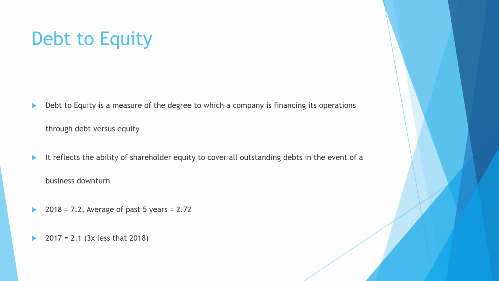In 2018, the debt-to-equity ratio for Campbell Soup was 7.2, whereas the average for the past 5 years has been 2.72. In 2017, the debt-to-equity for Campbell Soup was 2.1, which is 3 times less than that of 2018. Hence, we can see that Campbell's Soup has been taking more debt in 2018 than it usually does, which can be a good or a bad sign, which I will explain more in the summary slide.